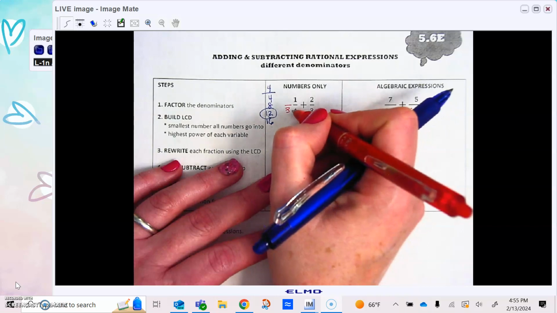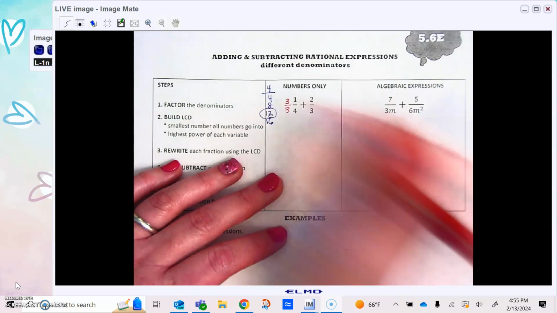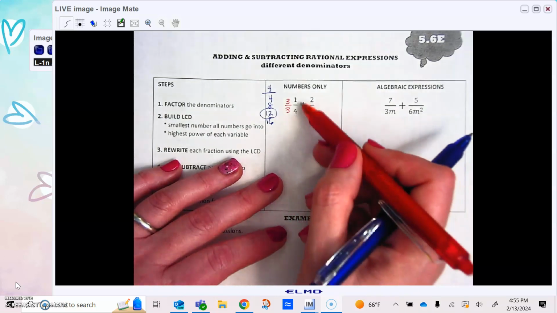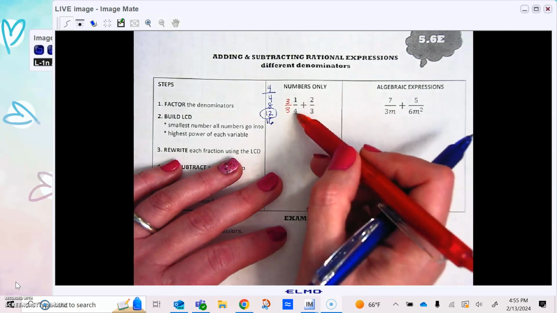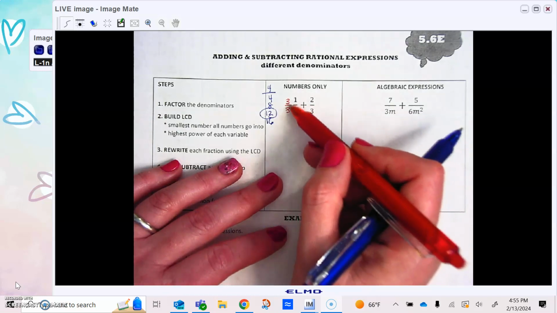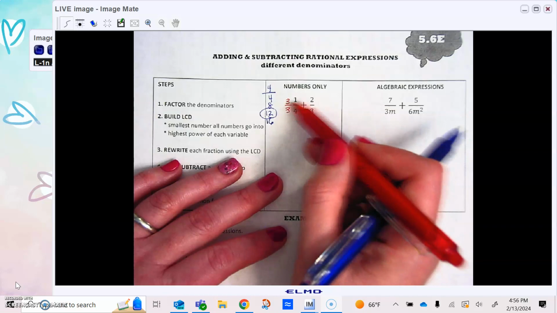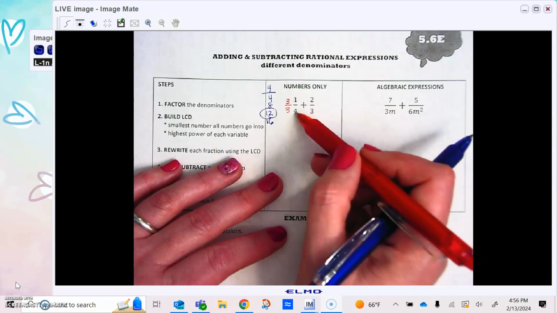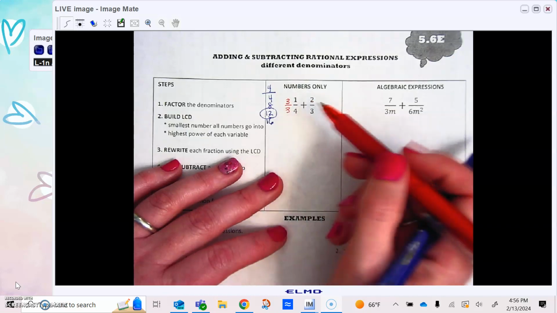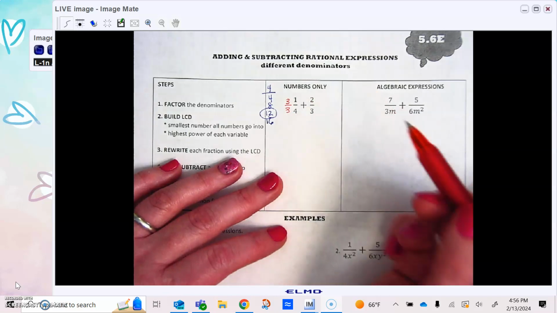Now, I have to do the same thing to the numerator that I do to the denominator. What's happening here is I'm not changing the value of the number because I'm multiplying by 3 over 3, which is the same value as 1. So it's really 1/4 times 1. I'm just changing the numbers that I'm using to indicate that value, the form of the numbers, but not the value.